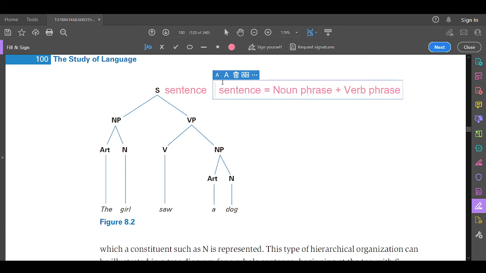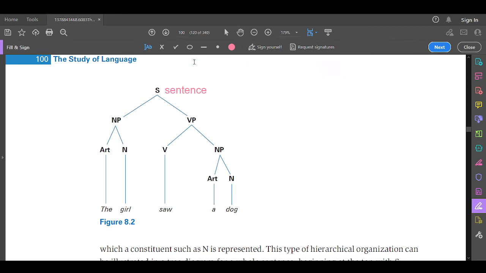I'll put it up top here. The NP is article plus noun. The example is: The girl saw a dog. The girl saw a dog.